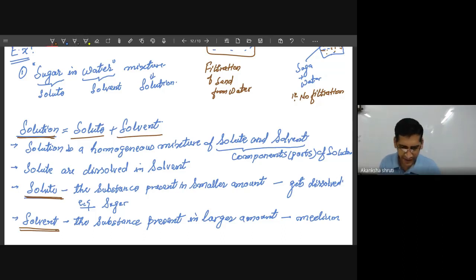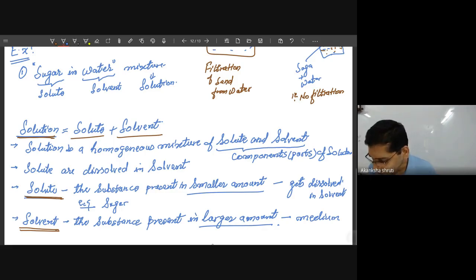Okay students, so here we have understood that solute is the substance or component present in a smaller amount, and it gets dissolved in the solvent. The solvent, present in a larger amount, acts as the medium and dissolves the other.